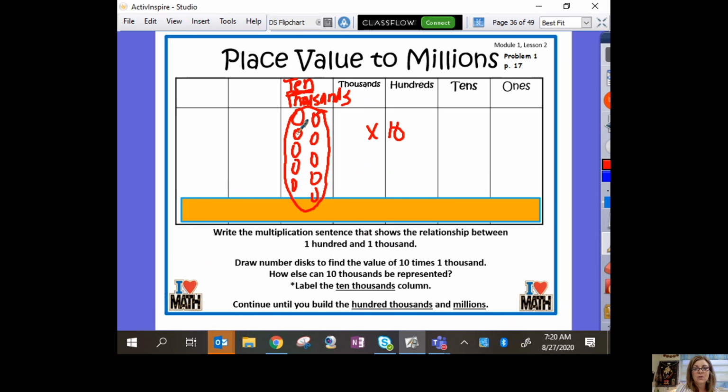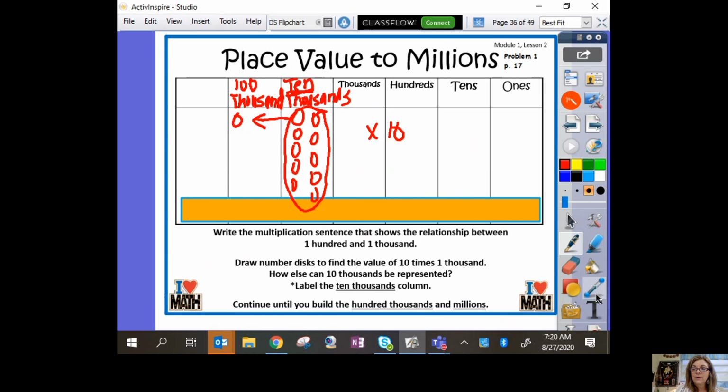That would be 10,000, 20,000, 30,000, 40,000, 50,000, 60,000, 70,000, 80,000, 90,000, 100,000. All right, so now we have a 100,000 place. I can move over here to the 100,000 column.